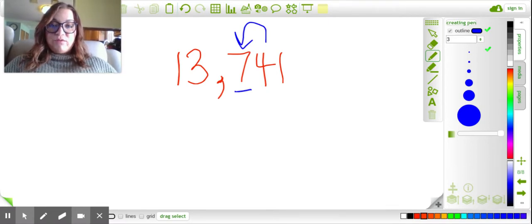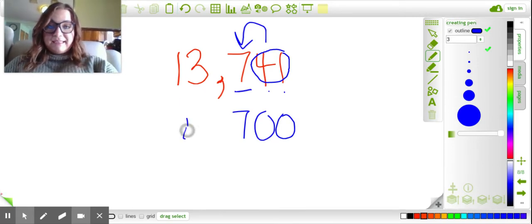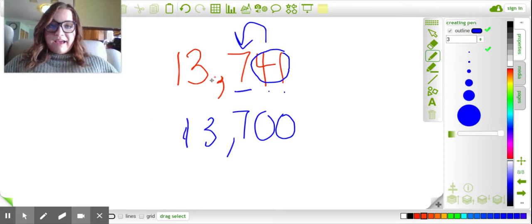If it's 5 through 9, it's going to go up by 1. 4 is 0 through 4, so the 7 is going to stay the same. But everything to the right of that underlined digit is going to turn into, you guessed it, a big old fat 0. We've got 2 digits, so we'll have 2 zeros. And anything on the left of the underlined digit just stays the same. So we have 13,700.